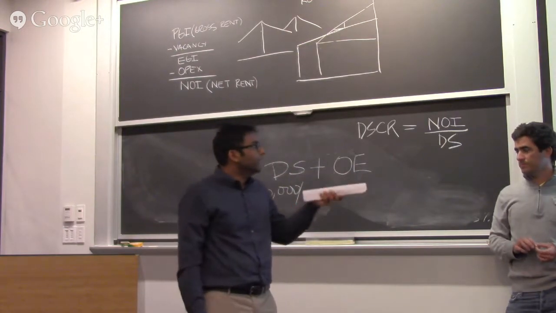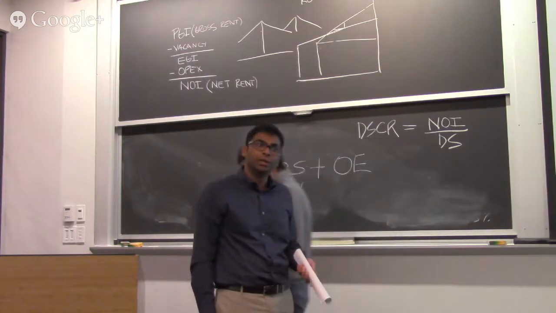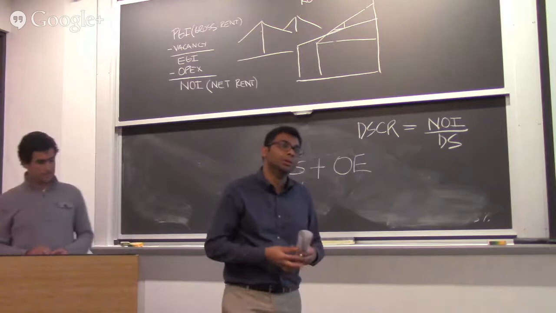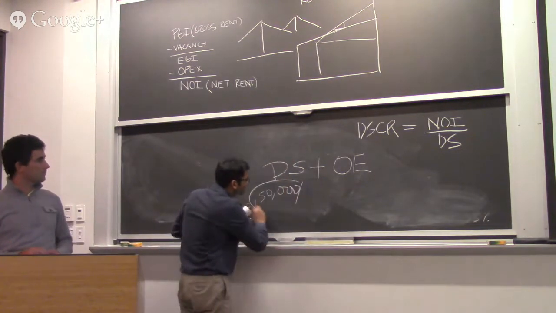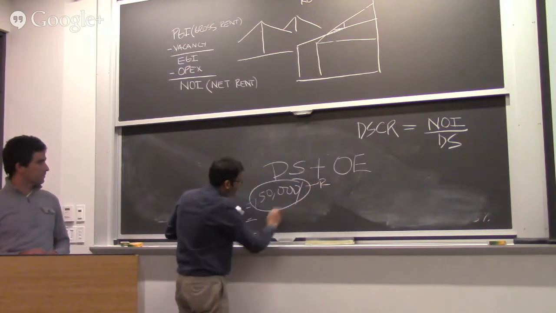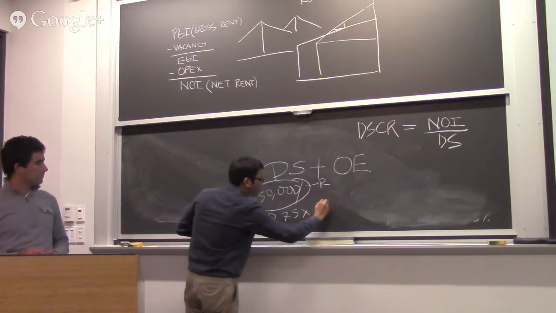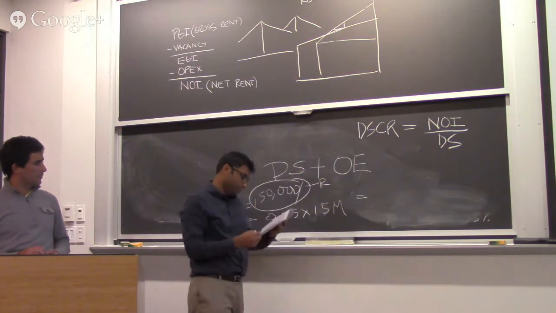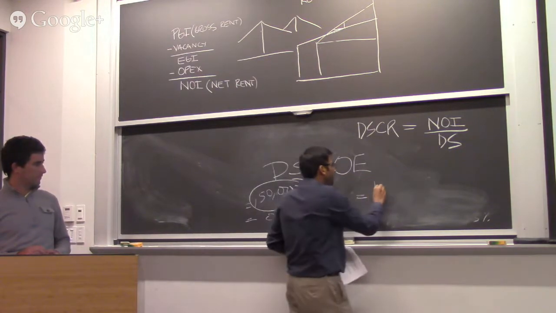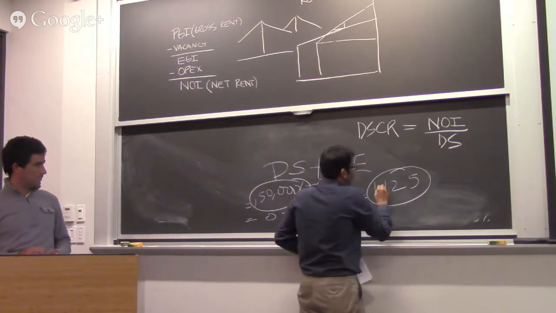Another critical piece of information is the 75% maximum loan-to-value ratio. That means the bank is only going to give you 0.75 of this. 0.75 times 1.5 is 1.125 million. This is what the bank is going to loan you.